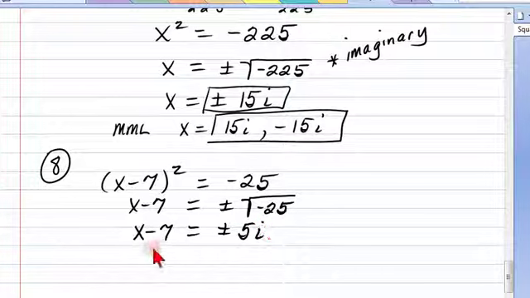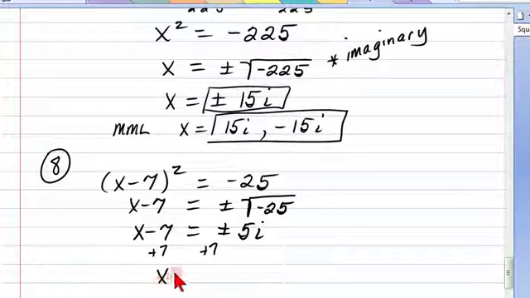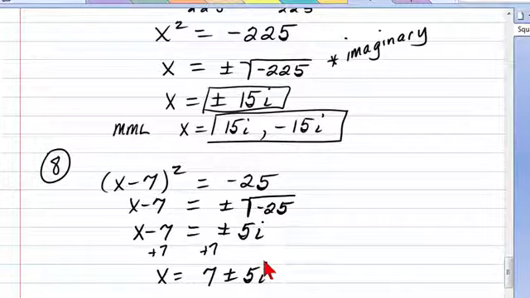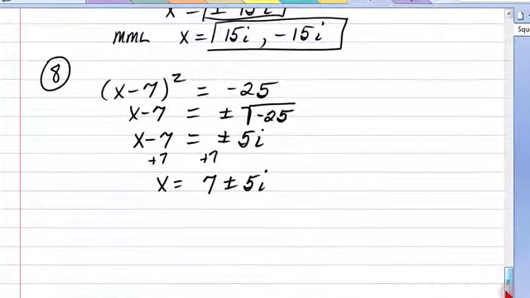And now I need to add 7 to both sides. I'm going to put it in front of that, and I have x is equal to 7 plus or minus 5i. Can I literally add the two numbers together? No, because this is a real part and these are imaginary.